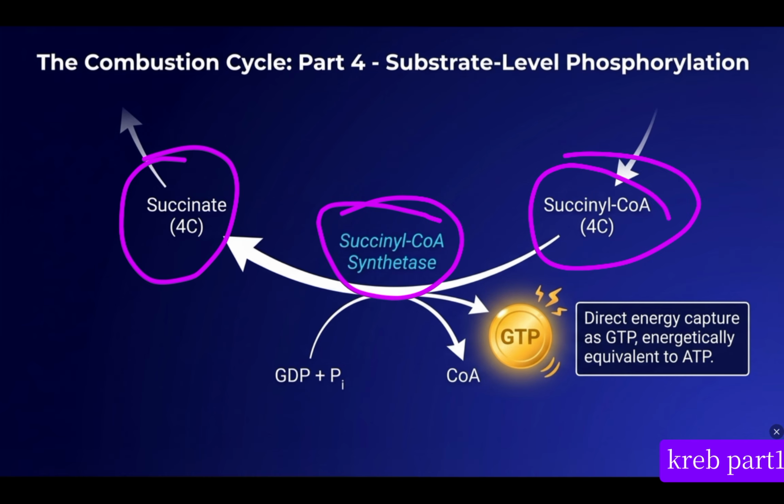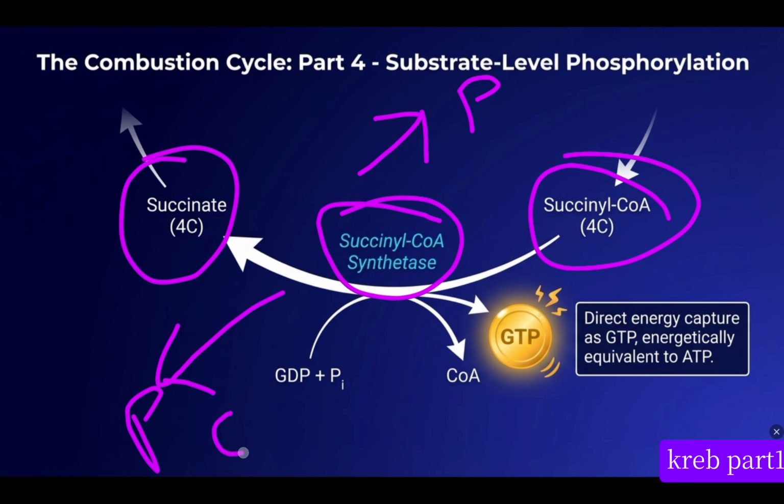How? During the process by which we are converting succinyl-CoA to succinate, what exactly are we doing? We are releasing a phosphate group. So this phosphate group will now come, and the GDP will take this phosphate group.